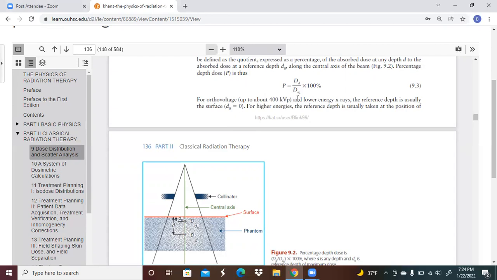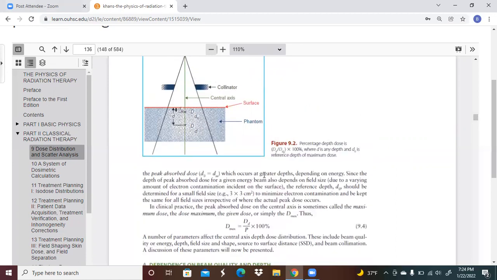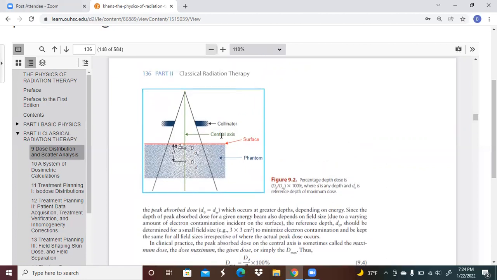So for orthovoltage up to about 400 kVp and low energy X-rays, the reference depth was usually at the surface. For higher energies, the reference depth is going to be taken at the peak absorbed dose, or wherever it hits Dmax. And that, depending on the energy, is going to occur deeper into the phantom.